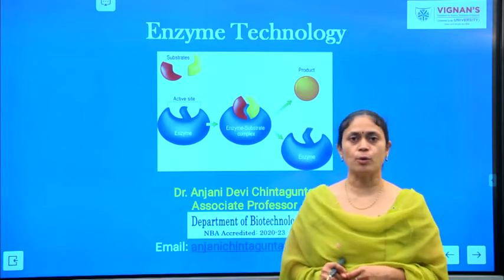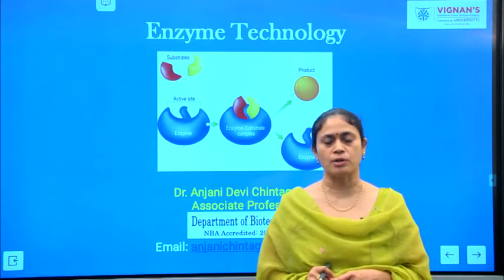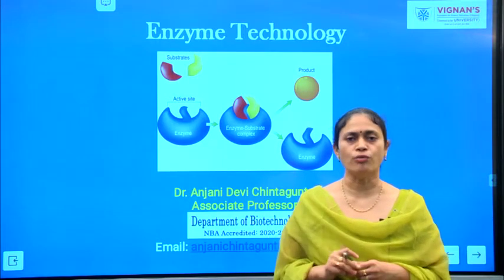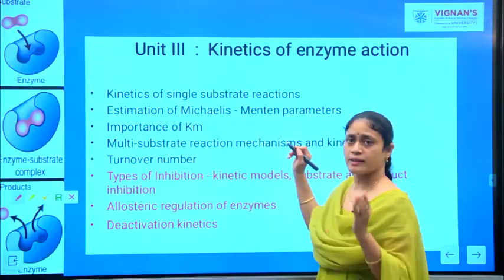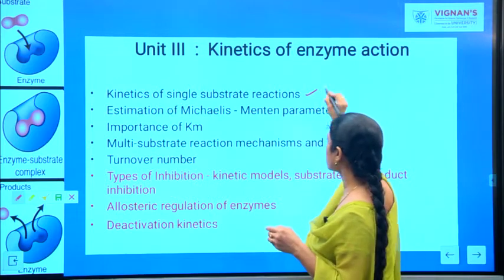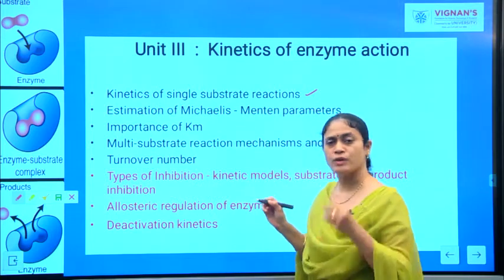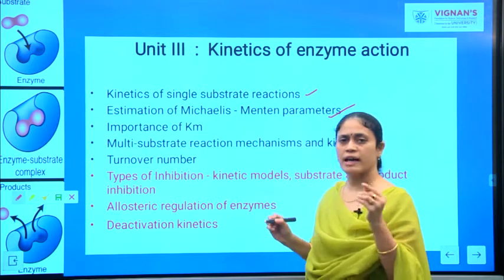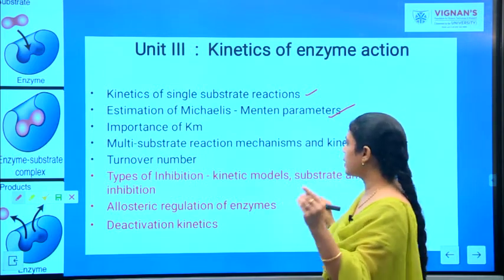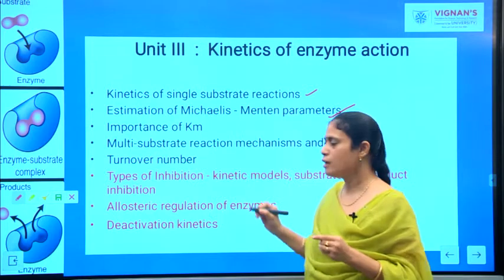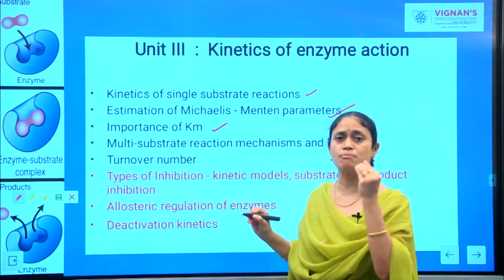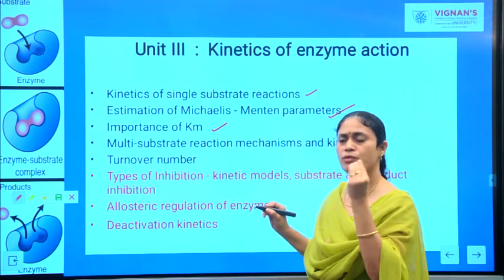As you pretty well know, I am dealing with the course Enzyme Technology, and we are presently dealing with Unit 3. In the last sessions, we dealt with the kinetics of single substrate reactions. We have already covered the estimation of Michaelis-Menten parameters, along with the importance of parameters like Km and Vmax.